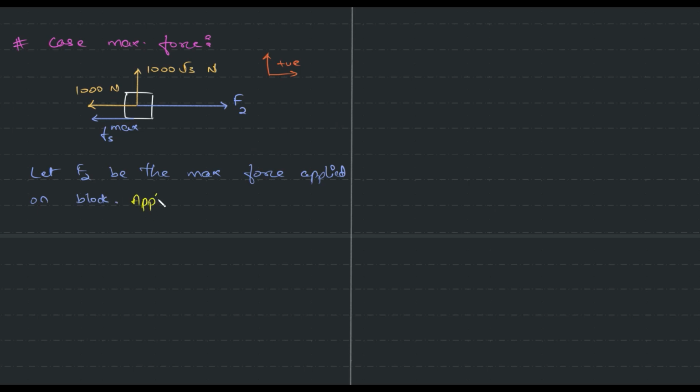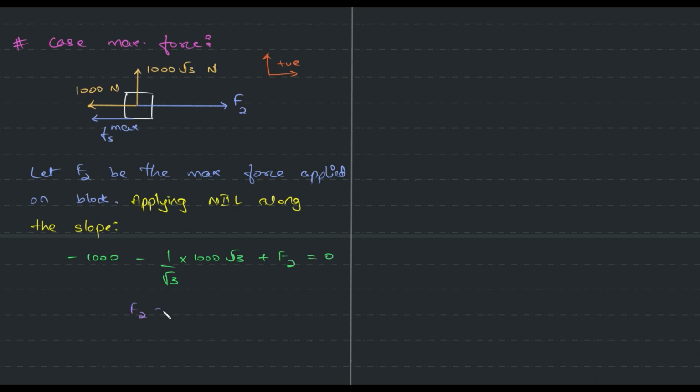Then applying Newton's second law along the slope, what we have here is 1000 minus the static friction, plus F2 should be equal to 0.